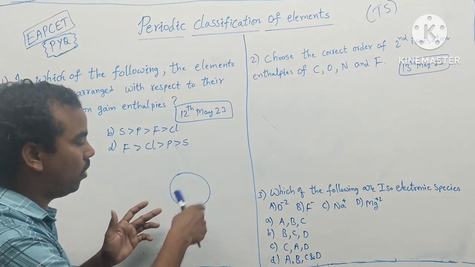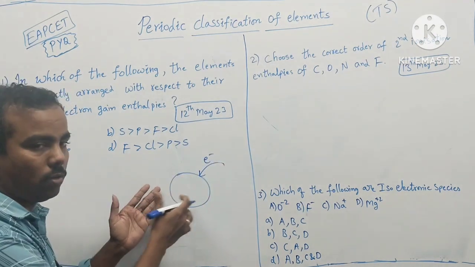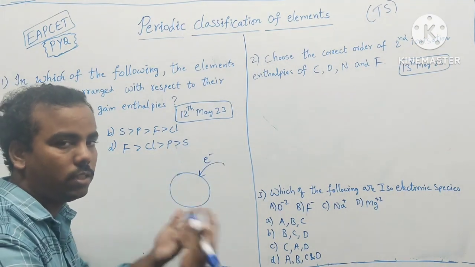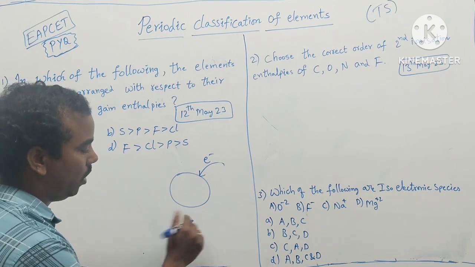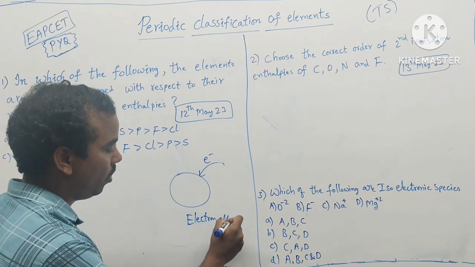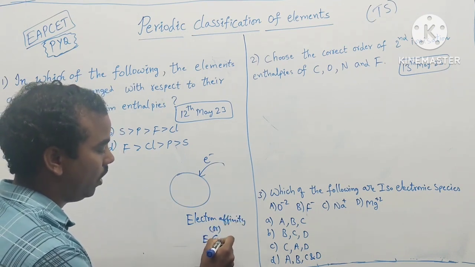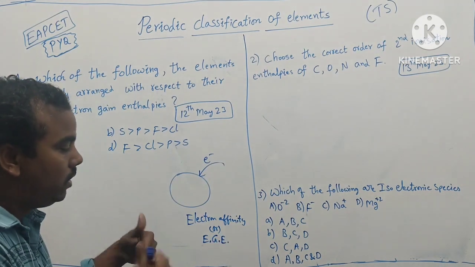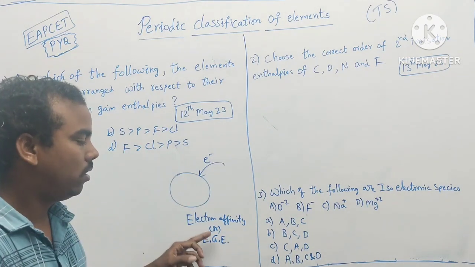If you add an electron to the isolated neutral gaseous atom, it releases some energy. That energy is called electron affinity or electron gain enthalpy.